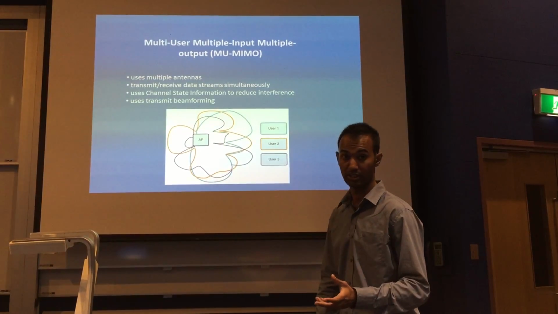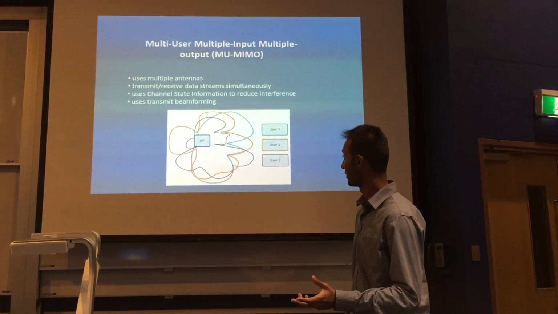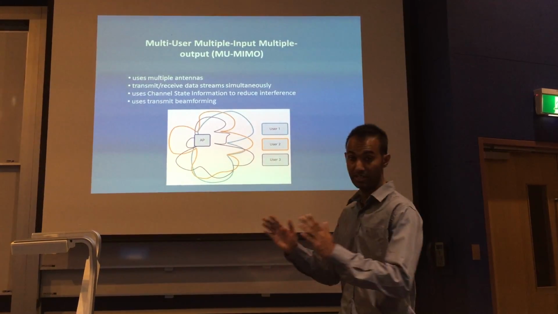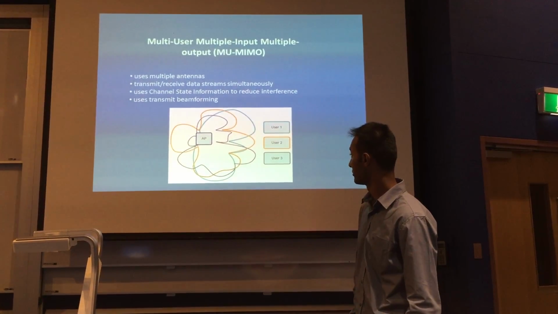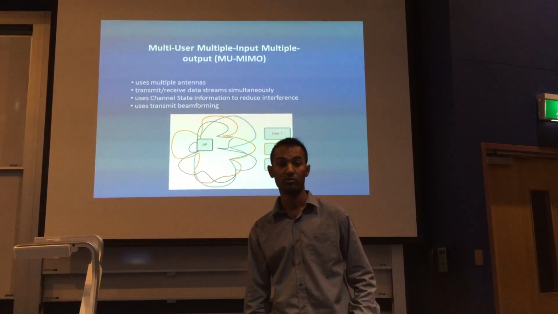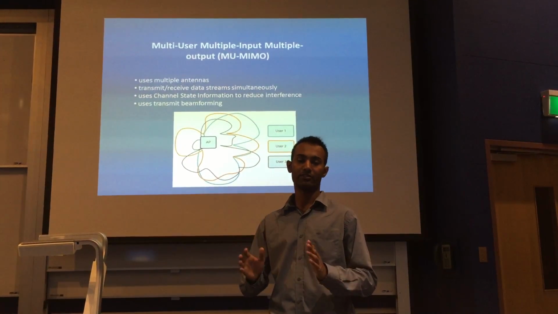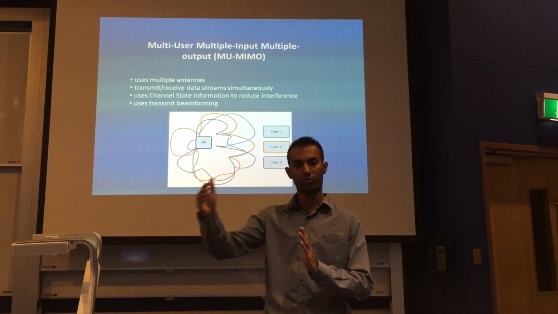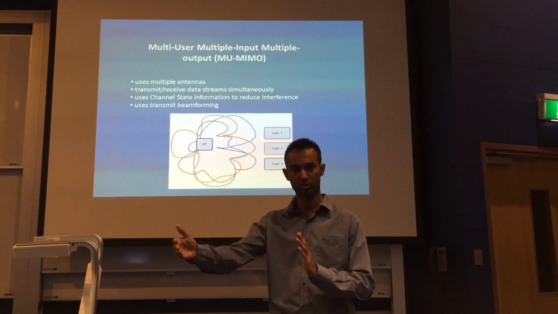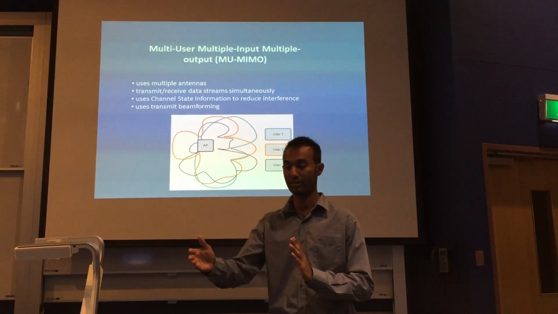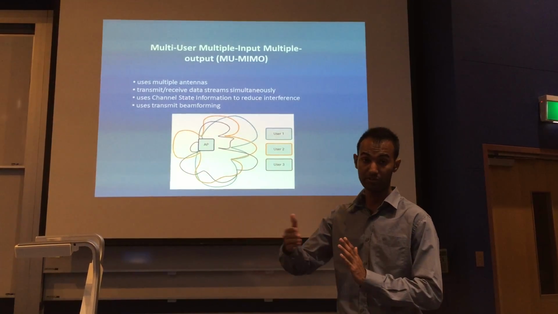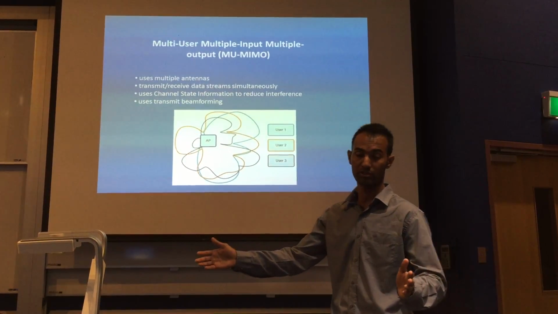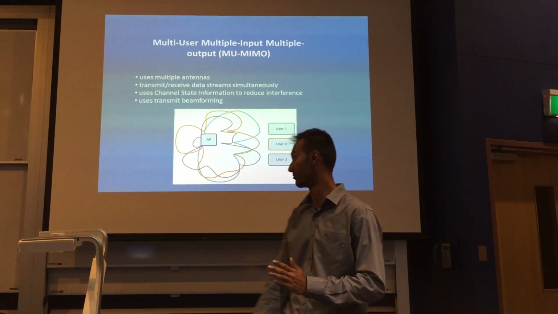It uses multiple antennas that transmit and receive data streams simultaneously. They transmit the same signal to the device, and they can receive the same data stream from multiple sources.